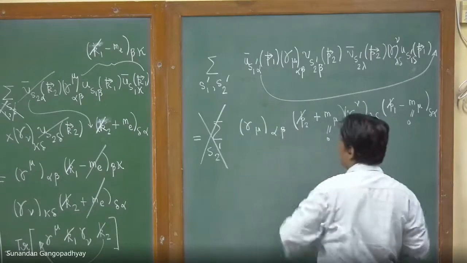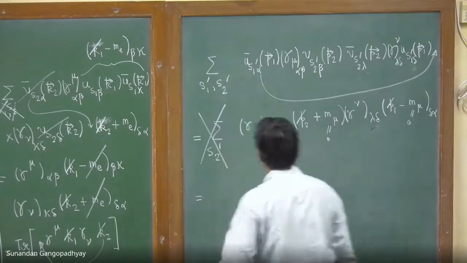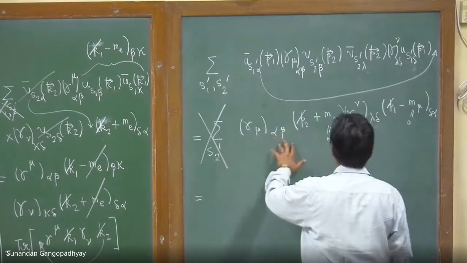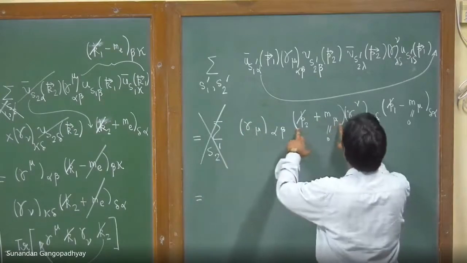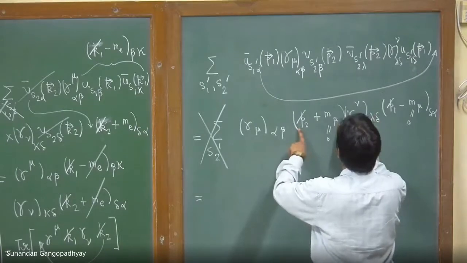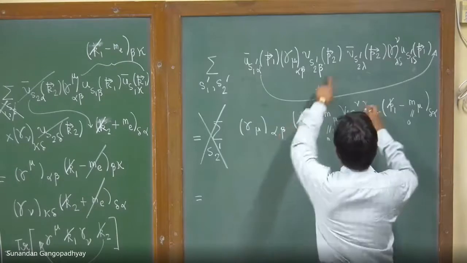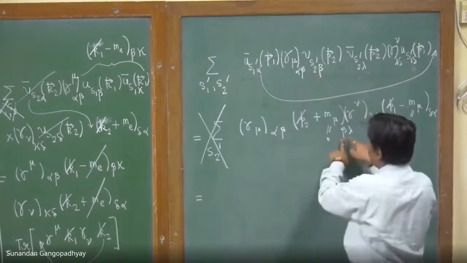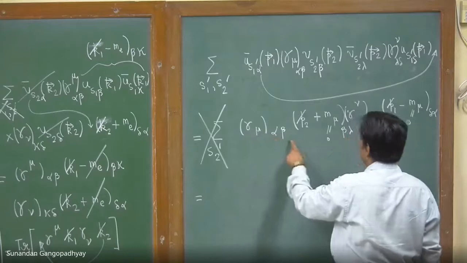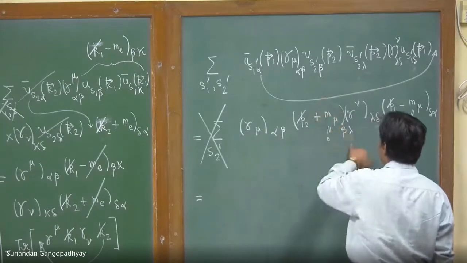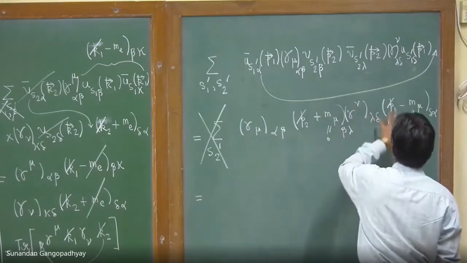Therefore, these are gone. And now you can see that this is gamma mu alpha beta. This is p2 slash plus m_mu. So you have to put in indices over here. So this is beta lambda, because this is beta and this is lambda. So there is an index beta lambda. So this gamma mu alpha beta, p2 slash plus m_mu beta lambda, gamma mu lambda delta, p1 slash minus m delta alpha.